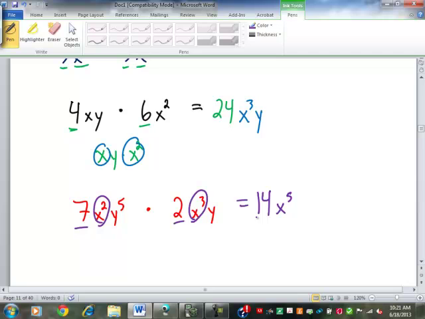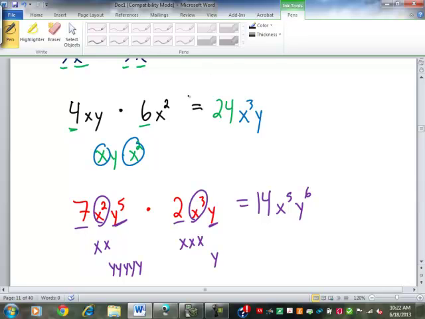Good. Because X squared is 2 x's. X to the third is 3 x's. That is now 5 x's multiplied together, or x to the fifth. And then y to the fifth times y is y to the sixth. Good. Again, we have 5 y's multiplied together times another y makes 6 y's multiplied together, or y to the sixth.